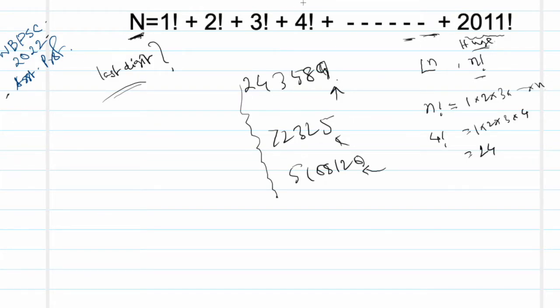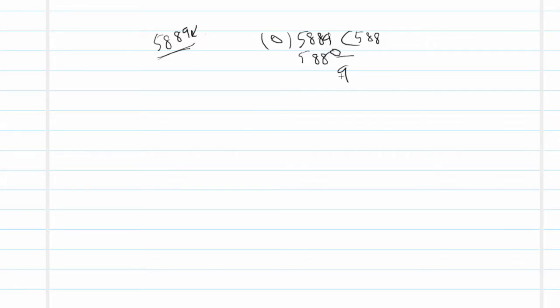So first we will understand what the last digit is. For example, if I say 5889, the last digit is 9, and this 9 is exactly the remainder when you divide 5889 by 10, because 5889 is 5880 plus 9, so the remainder is 9.